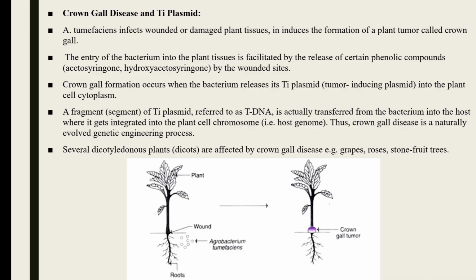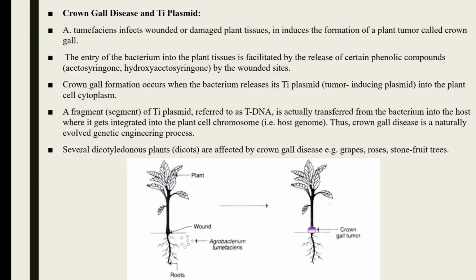Crown gall formation occurs when the bacterium releases its T plasmid, tumor-inducing plasmid, into the plant cell cytoplasm. A segment of T plasmid, referred to as T-DNA, is actually transferred from the bacterium into the host where it gets integrated into the plant cell chromosome. Thus, crown gall disease is a naturally evolved genetic engineering process.